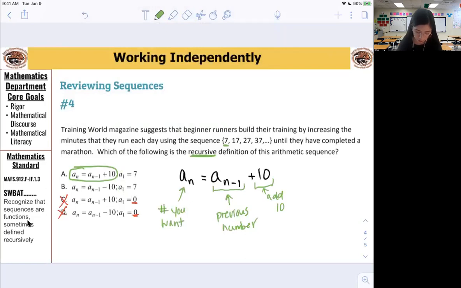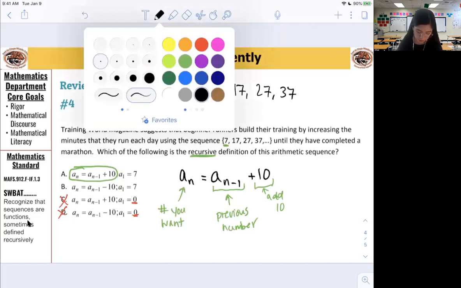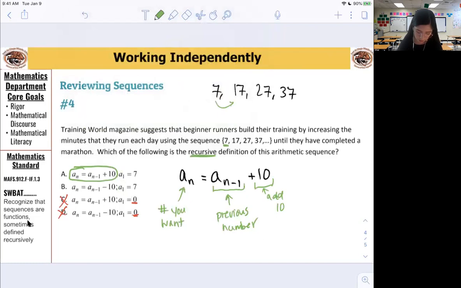Well, if you look at the actual numbers in the sequence, I have 10, 17, 27, 37. The pattern is I'm adding 10, plus 10, plus 10, plus 10. So answer choice A correctly tells me the rule. The rule is you're going to add 10 to whatever number came before.